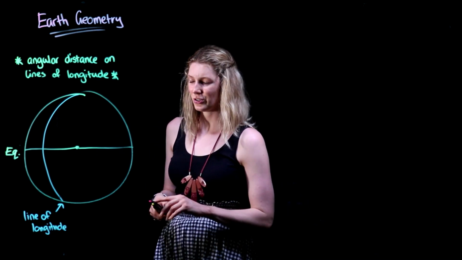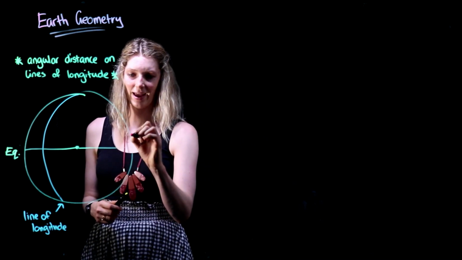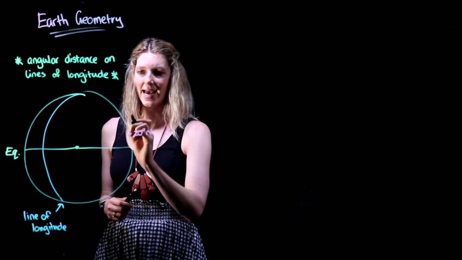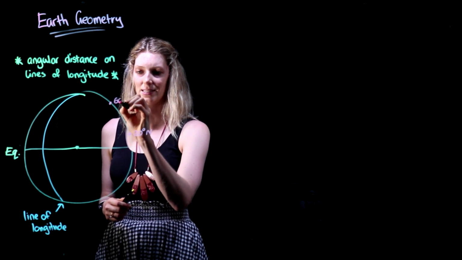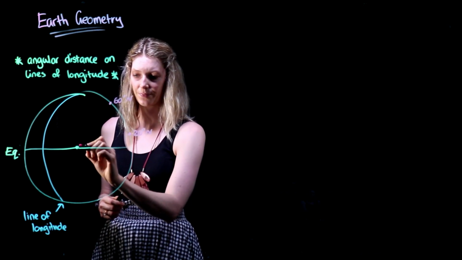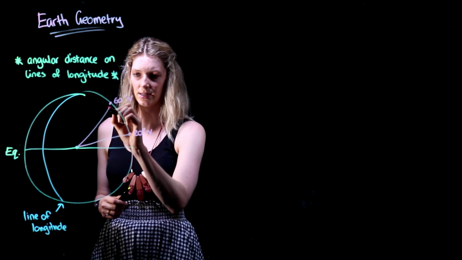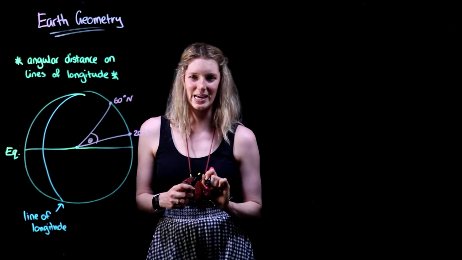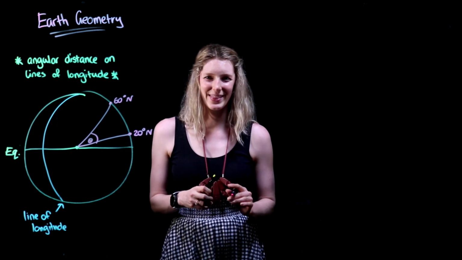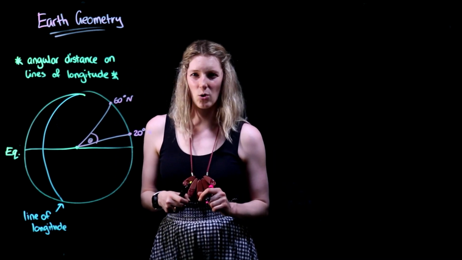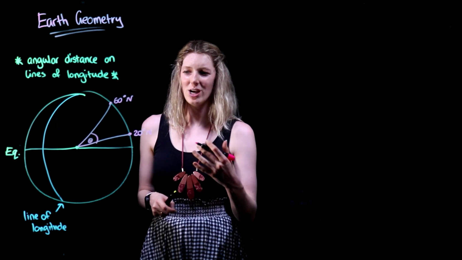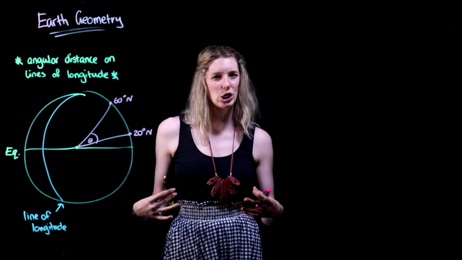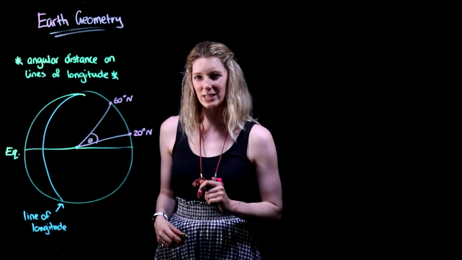So if we were to, as an example, have a location at 20 degrees north and another location at 60 degrees north, we are interested, pretending we're slicing from the middle, in this angle here. Because they are on the same side of the equator, we are going to subtract 20 from 60, so we can see this has an angular distance of 40.